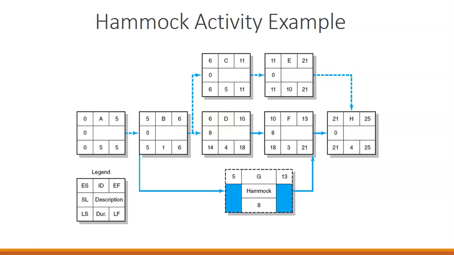So here we have the consultant available for 8 days, and we want that to overlap B, D, and F dates, so that we make sure we are working on those during the 8-day duration of that activity. So we would build in this Hammock activity of having that consultant available to us for 8 days.